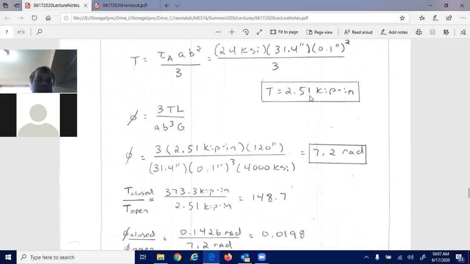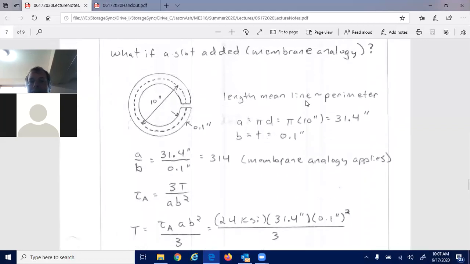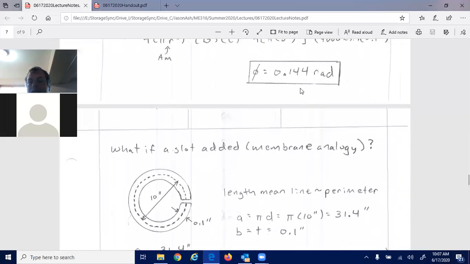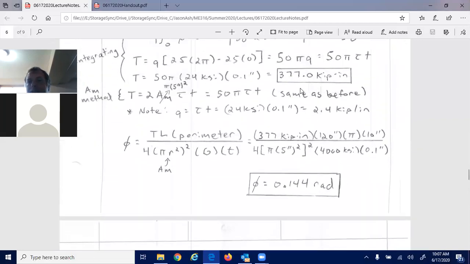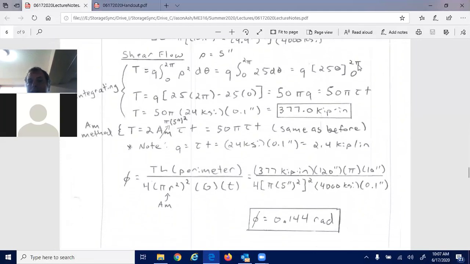If we were to apply the 2.51 kip inch and twist that 120 inch segment, it's about 1 full rotation that would occur on the opposite end under that torque, compared to something that's about 0.14 radians if it was fully enclosed.